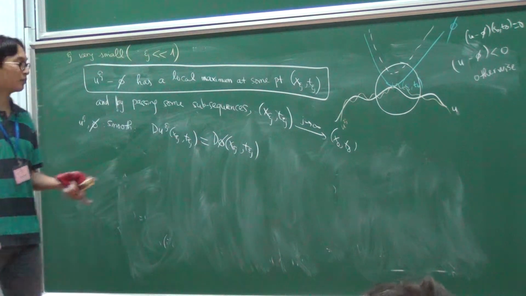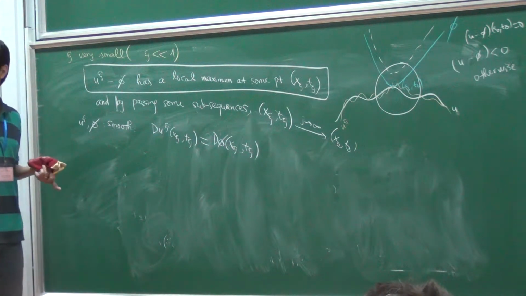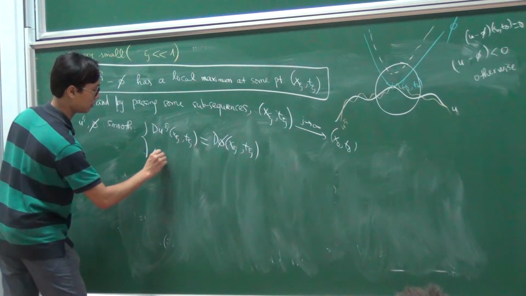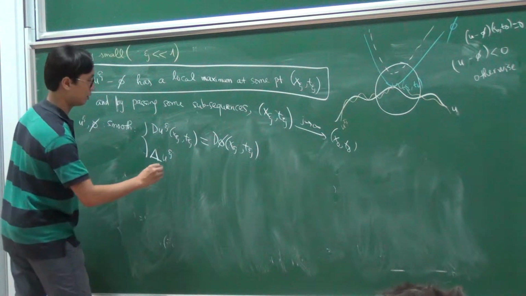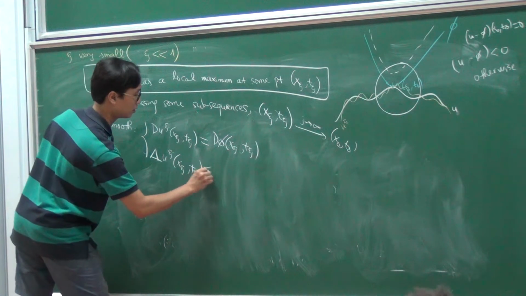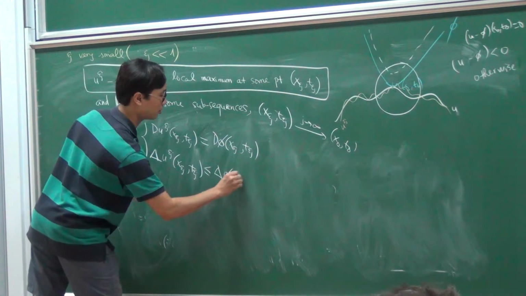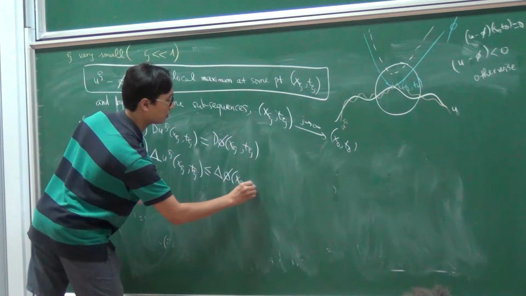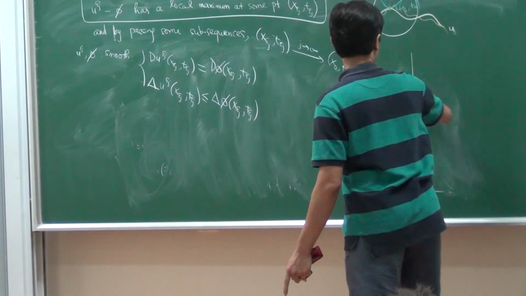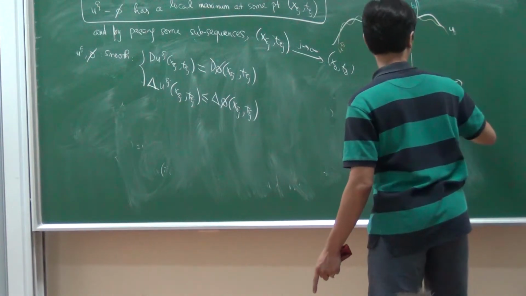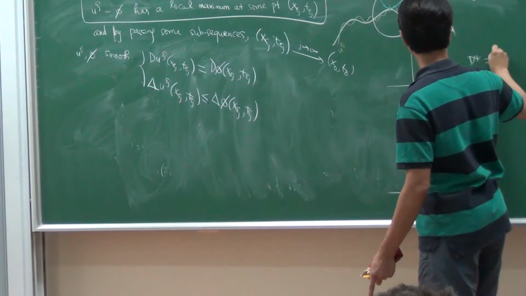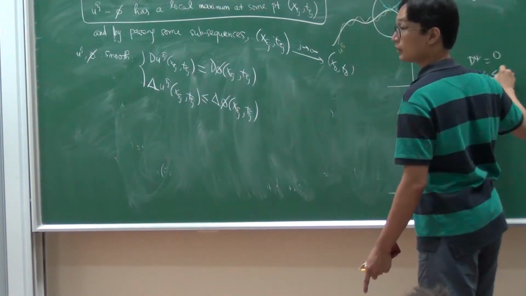And then the Laplacian is less than or equal, by the maximum principle. I'm using the fact that, for example, if I have a function that has the maximum at this point, then the gradient is equal to 0 and the Laplacian is less than or equal to 0.